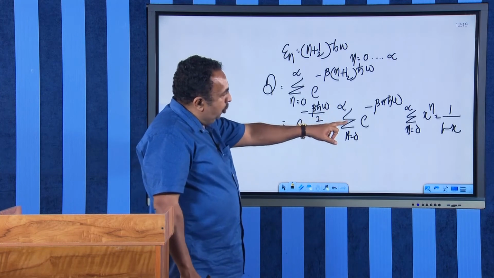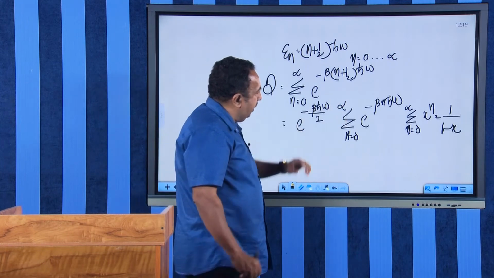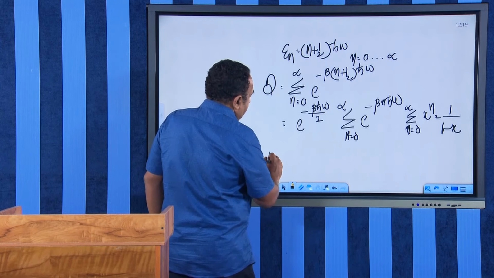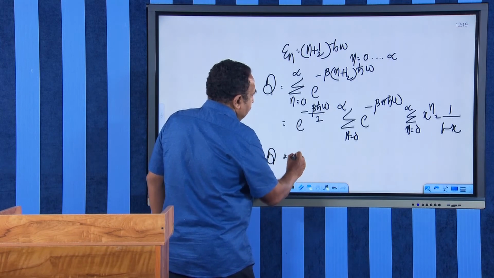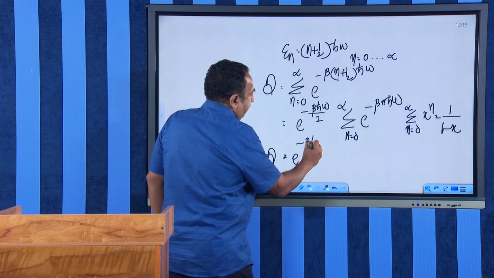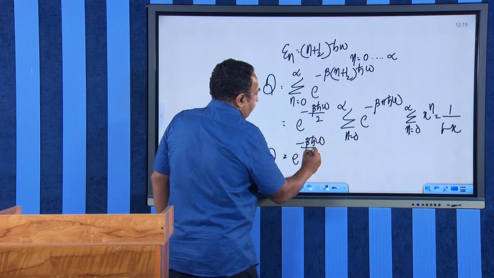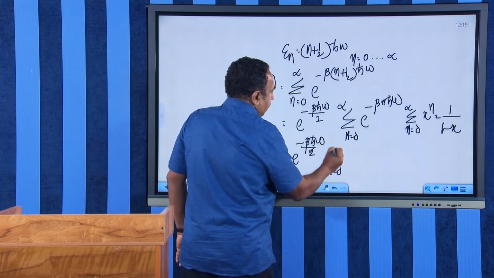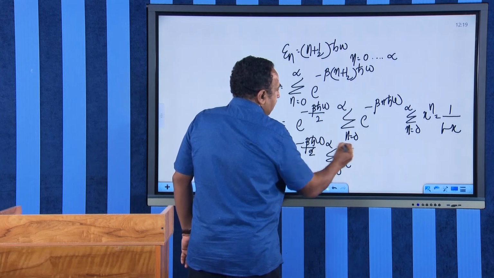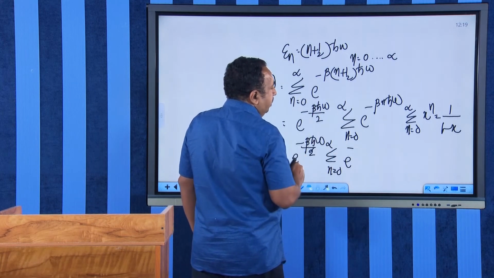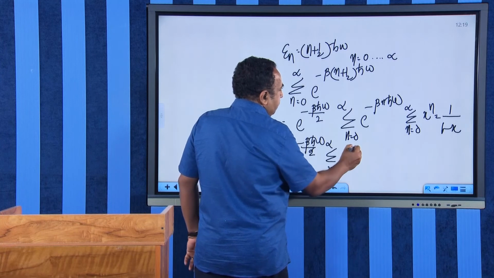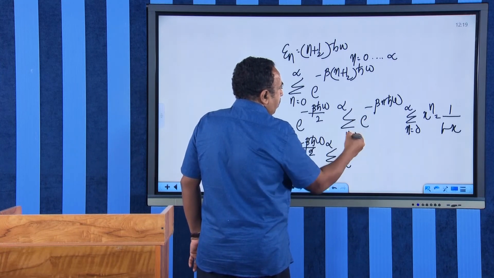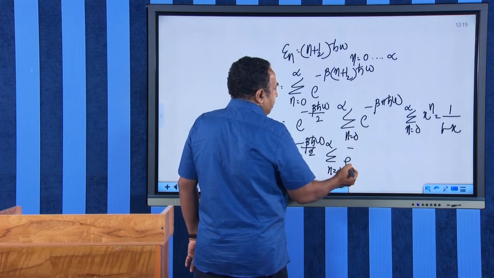Therefore, to use that equation, I have to rewrite this expression. My partition function I can rewrite as e raised to minus beta h cut omega divided by 2, sum over n equal to 0 to infinity. Use the power of exponential: e raised to xy, you can write as e raised to x whole raised to y.